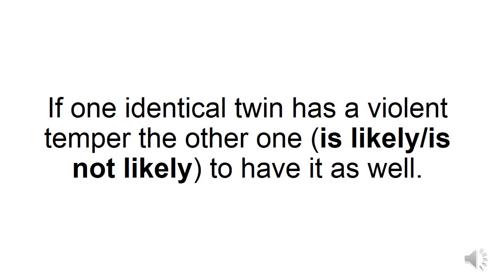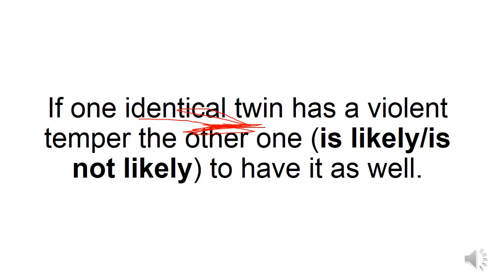If one identical twin has a violent temper, the other one is likely or is not likely to have it as well. So which answer choice is the best fit? I'll have you know that this information is based on actual twin studies.